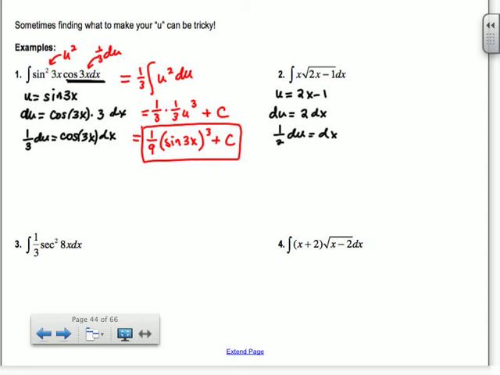Okay, so you get 1/4 u to the negative 1, and you're going from negative 3 to negative 15. So you have 1/4 times negative 15 to the negative 1, minus 1/4 times negative 3 to the negative 1. Lots of fractions, so 1/4 times 1 over negative 15 minus 1/4 times 1 over negative 3.